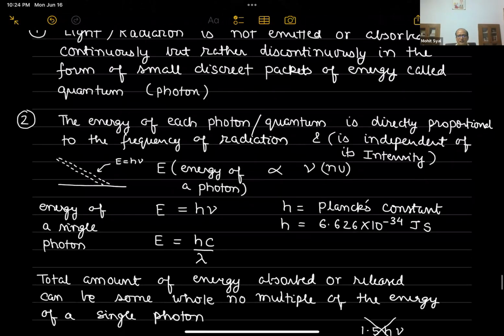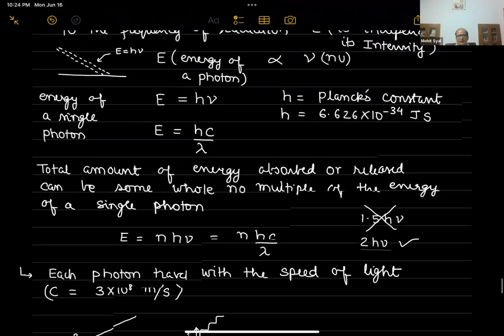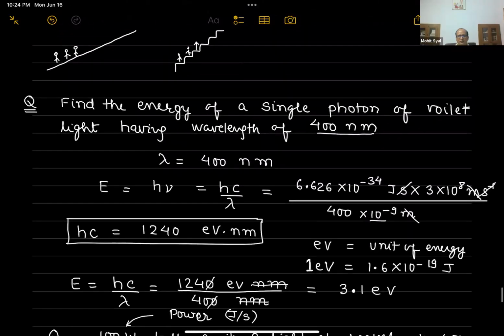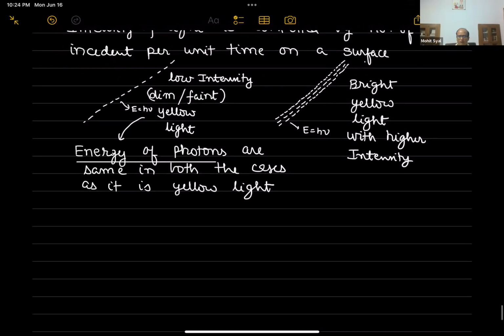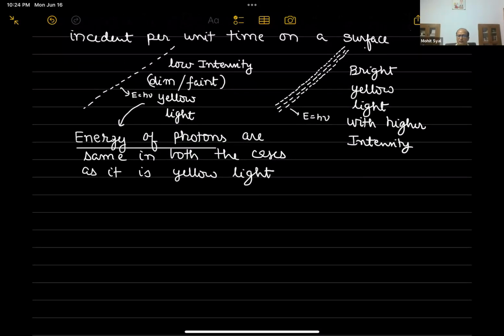If the light is of particle nature, we have these kinds of things which we need to know. So let me talk about the photoelectric effect. What do you mean by photoelectric effect? Who studied the photoelectric effect?